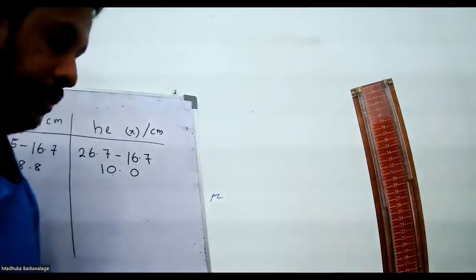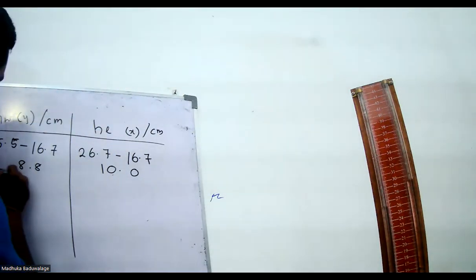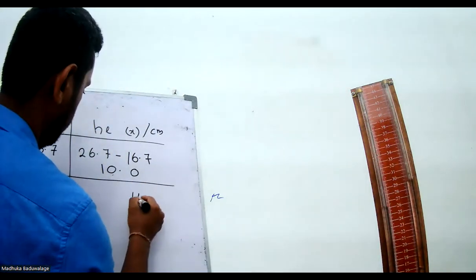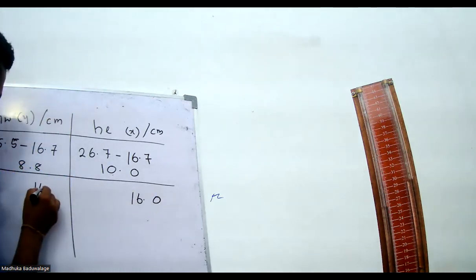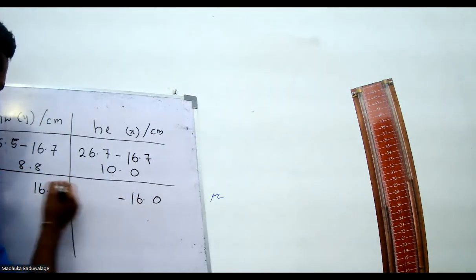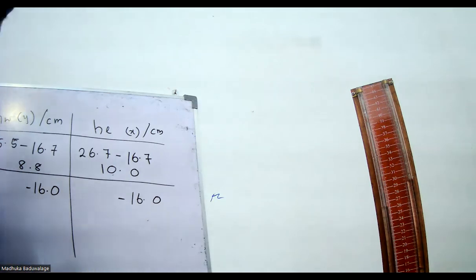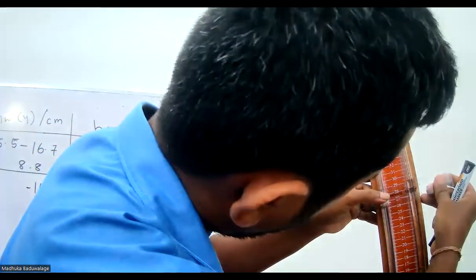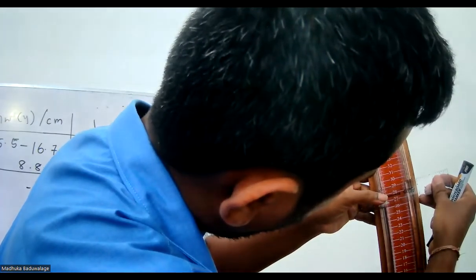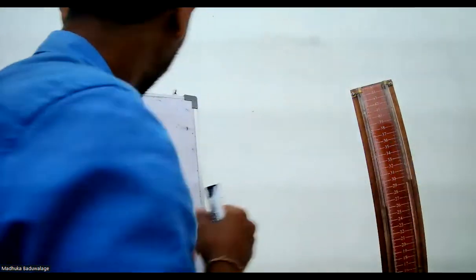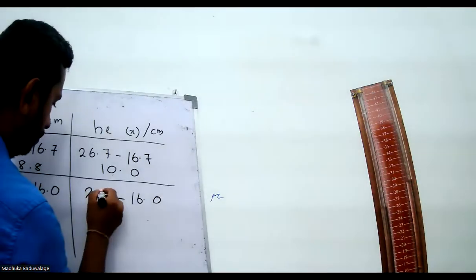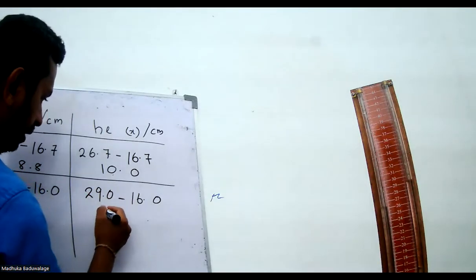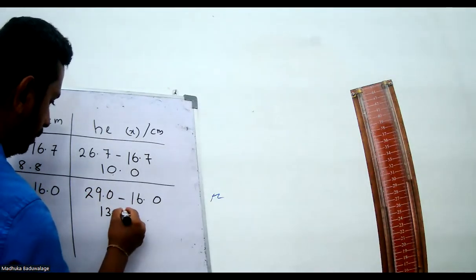It is 16.0. Now I am going to find out the upper meniscus position of the kerosene oil column. It is 29. Therefore, the difference is 13 centimeter.